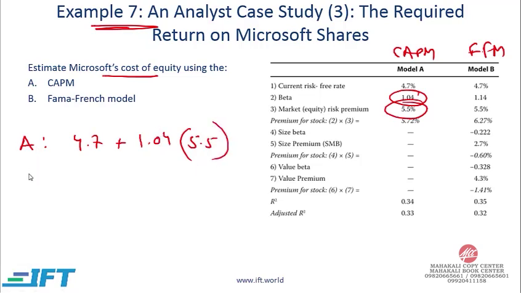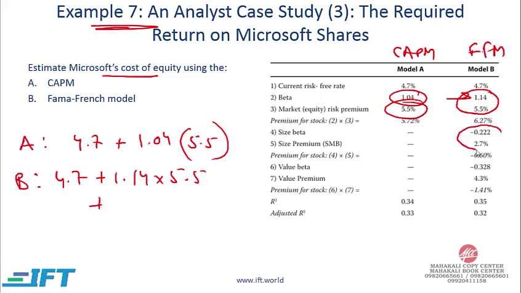What about model B, which is Fama-French? Do you start with a risk-free rate? Yes. Then the sensitivity is 1.14 multiplied by 5.5, so plus 1.14 into 5.5, plus what? Plus the size beta. What does a negative size beta mean? It means that Microsoft is much bigger than average.